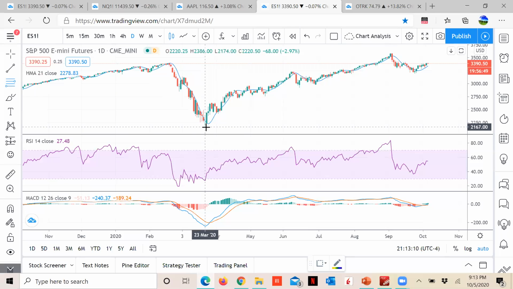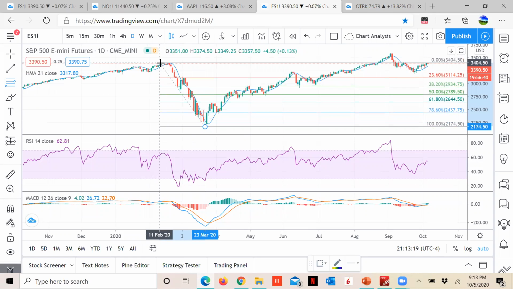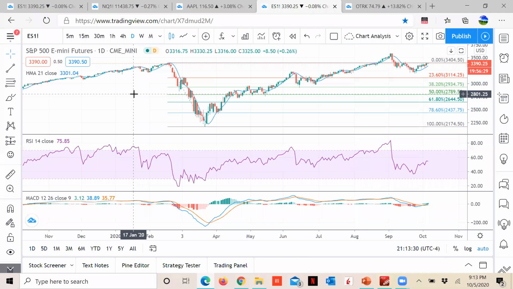And how to draw this is simple. You select a low point and a high point, whether it be a stock or an index itself. I'm just eyeballing it.